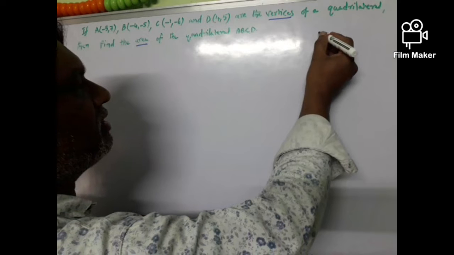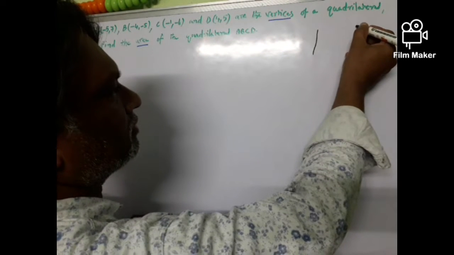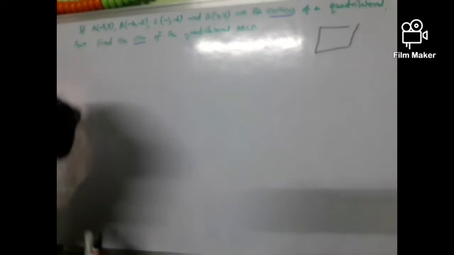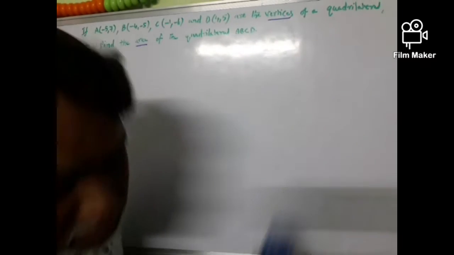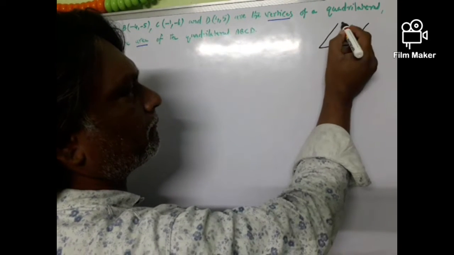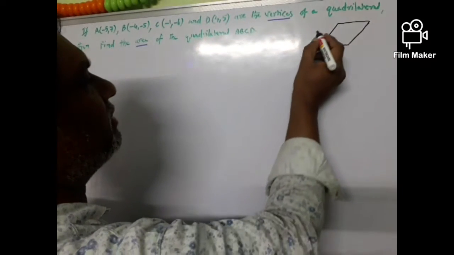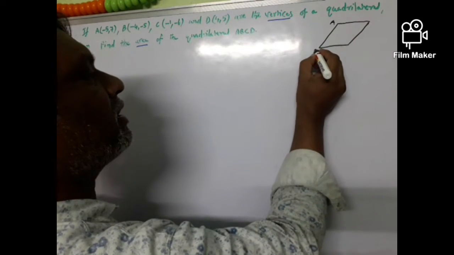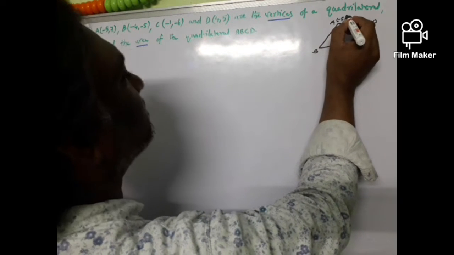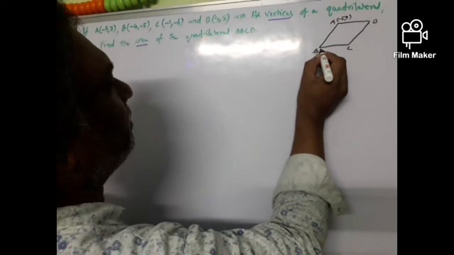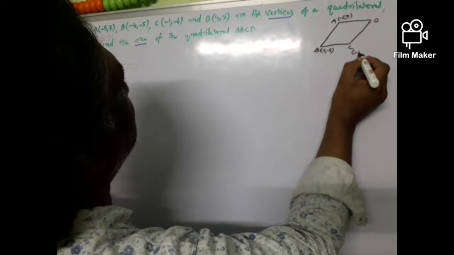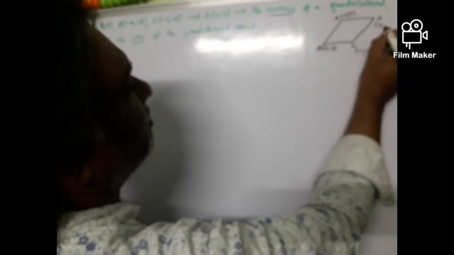Draw a quadrilateral. Write vertices A, B, C, D. A is (-5, 7), B is (-4, -5), C is (-1, -6), D is (4, 5).